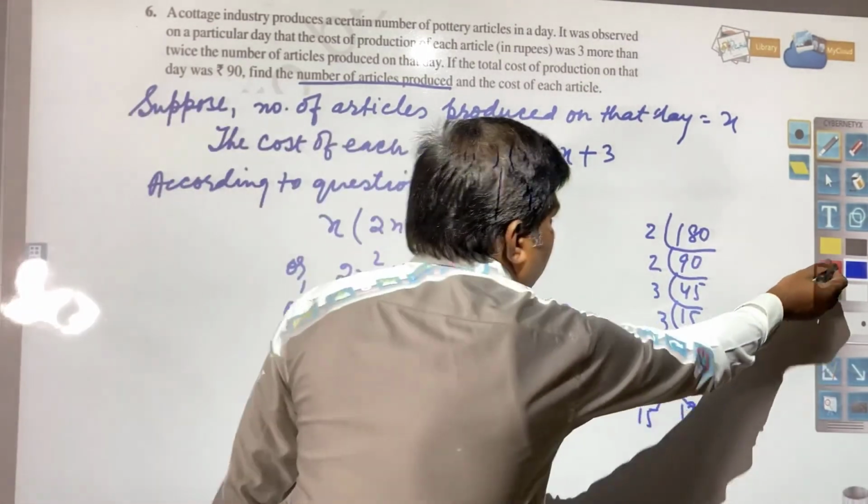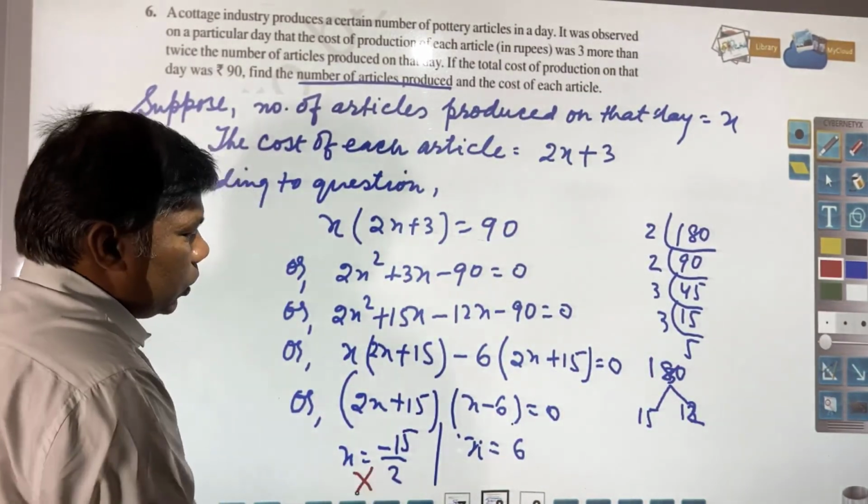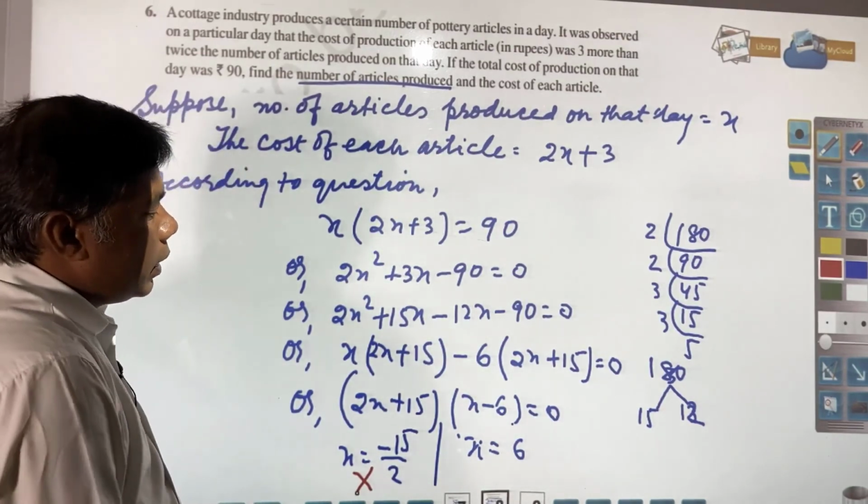So now here you see a negative number cannot be taken, so we will consider x as 6.